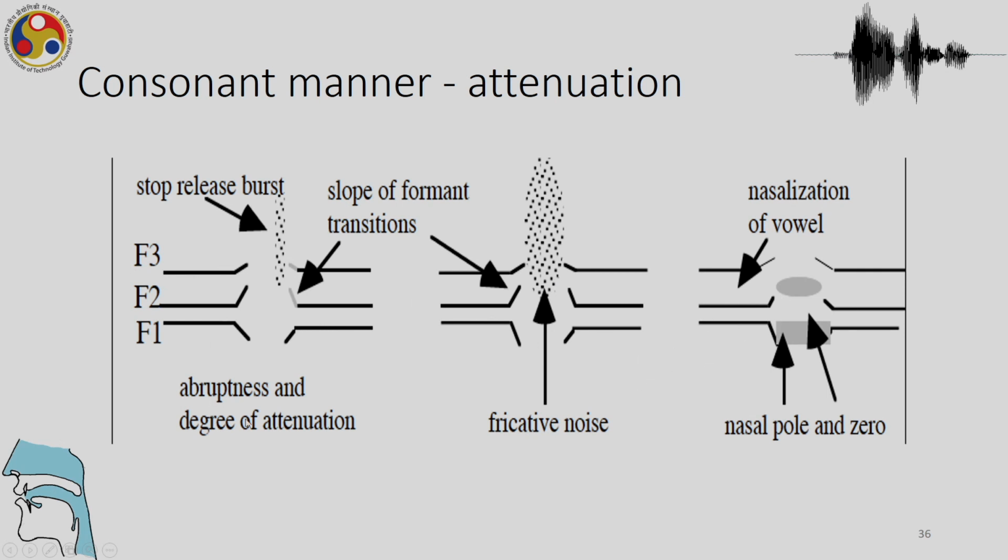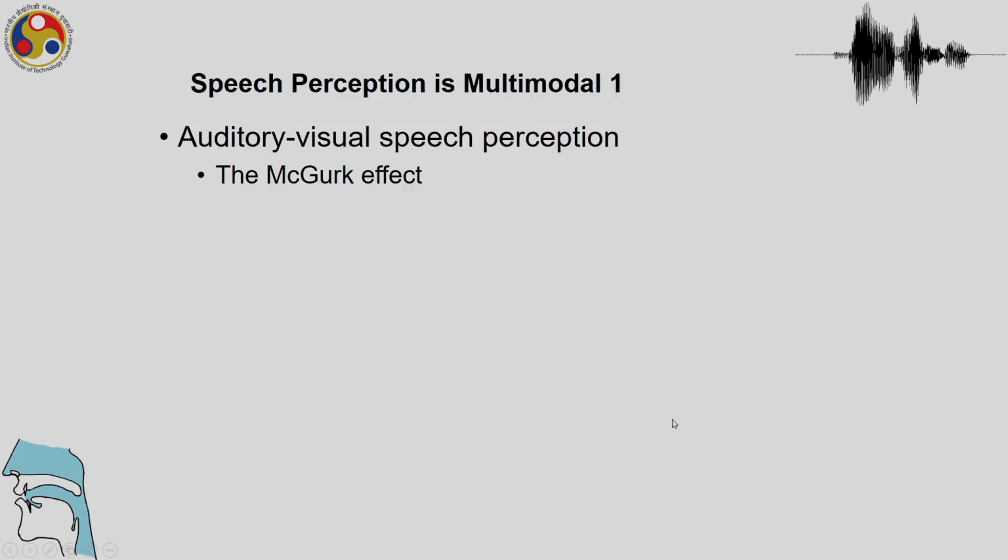And the abruptness in the stops, then the fricative noise, the slow hissing noise, and in nasals the amplitude difference, which makes a difference between the stop and a nasal, is an important cue. And also for glides, the difference between F2 and F3, which is not shown here, is also important.